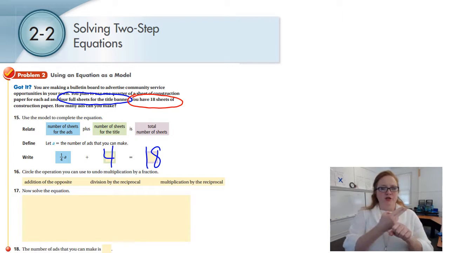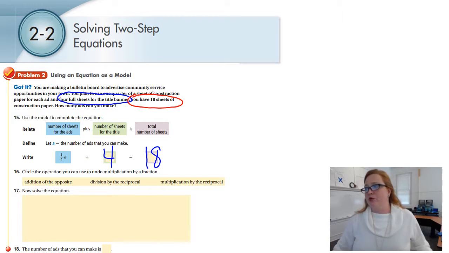Circle the operation you can use to undo multiplication by a fraction. You can multiply by the reciprocal.